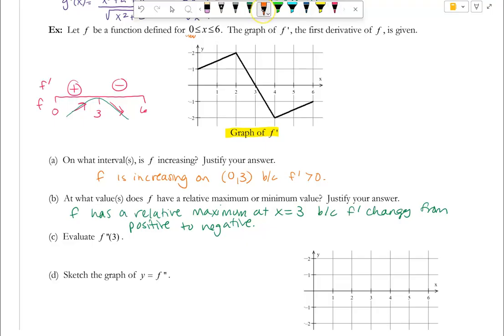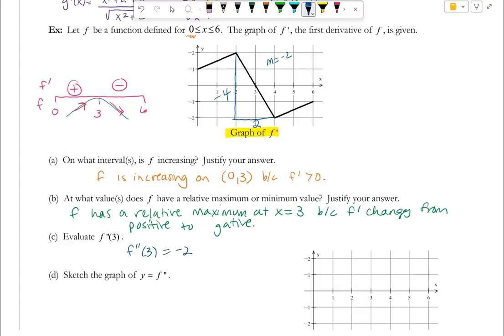So I know my second derivative is my instantaneous rate of change of my first derivative at 3. So what I really want here is the slope of this line segment that includes x equals 3. So I could see that I'm going down 4 units as x increases to the right 2. So my slope there is just -2. So my second derivative of f at 3 is -2.